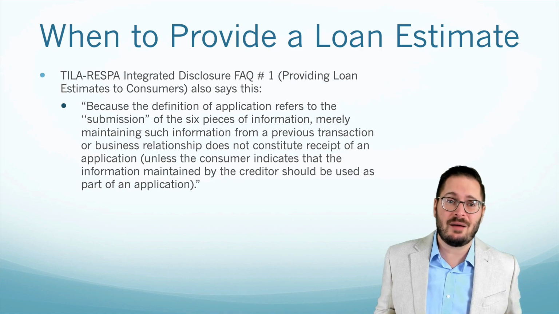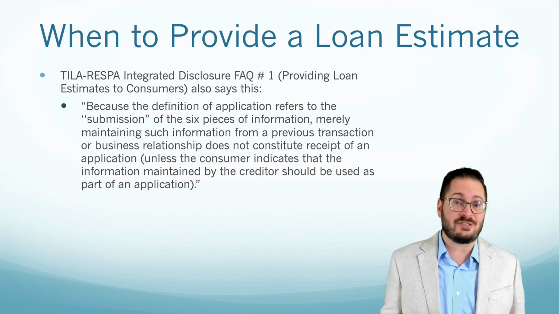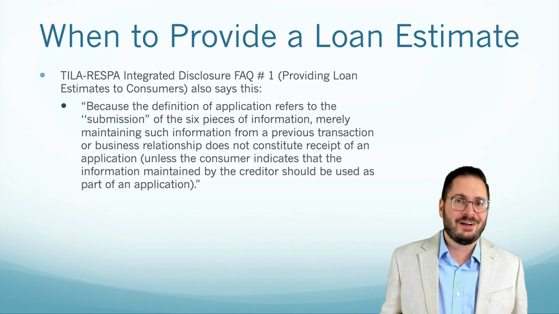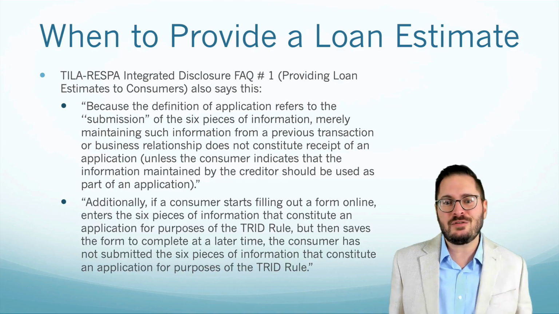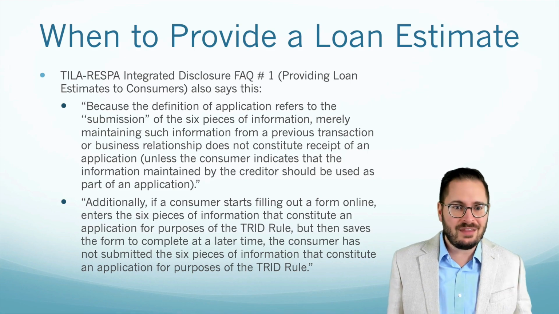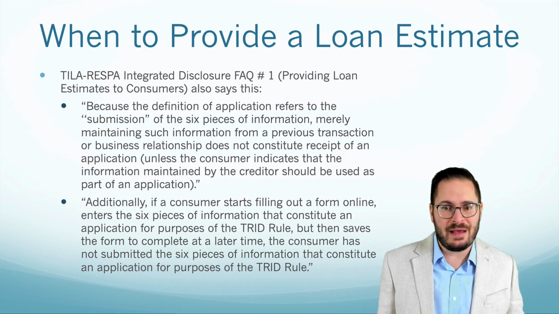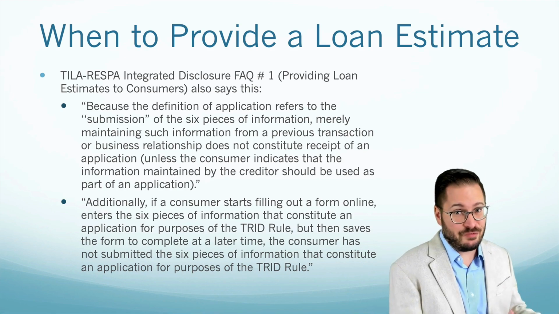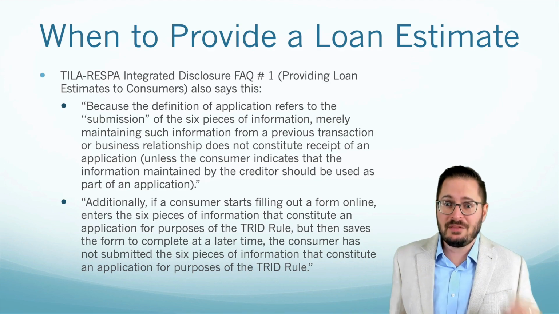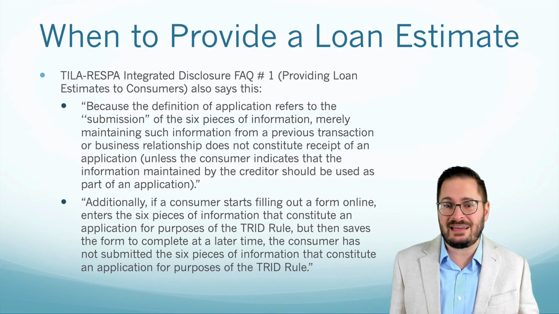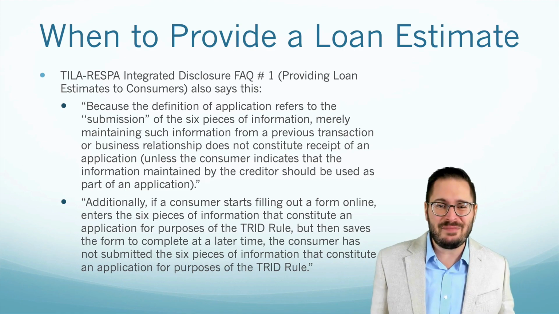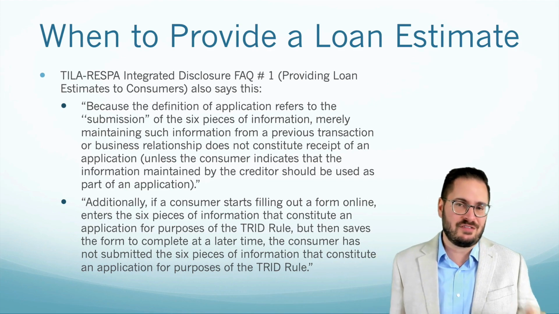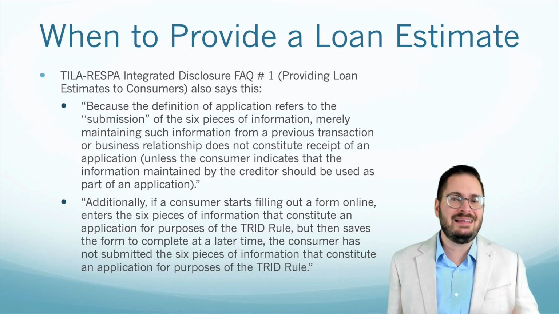Well, frequently asked question number 1 from the Truth in Lending RESPA-TILA Integrated Disclosures Frequently Asked Questions in the section providing loan estimates to consumers goes on to tell us that if a customer starts filling out a form online, enters the 6 pieces of information that constitute an application for purposes of the TRID rules, but then the consumer saves the form to complete at a later time, the consumer has not submitted the 6 pieces of information that constitute an application for purposes of the TRID rule because they have not submitted the application online.